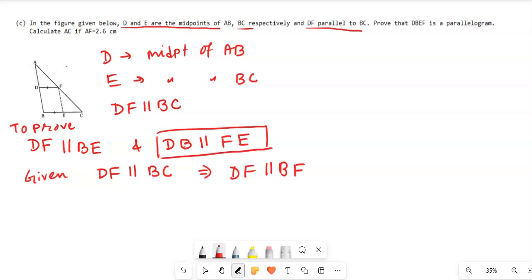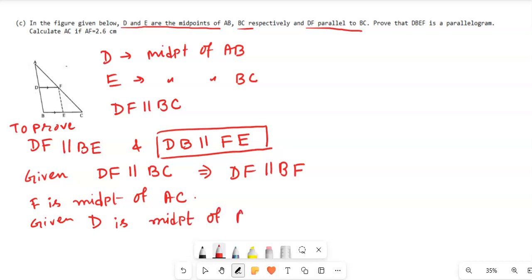So here first we have to prove F is midpoint of AC. So here we will use the converse of midpoint theorem. Given D is midpoint of AB and DF parallel to BC.